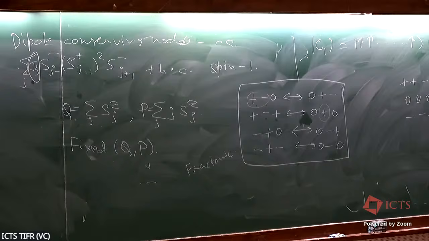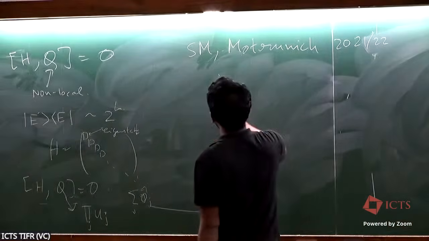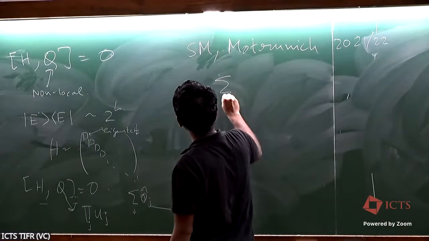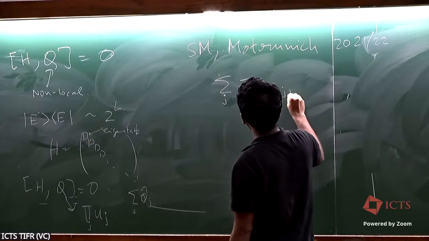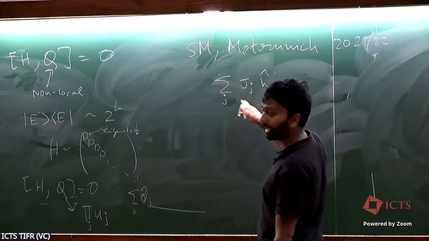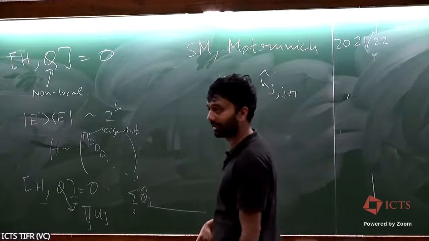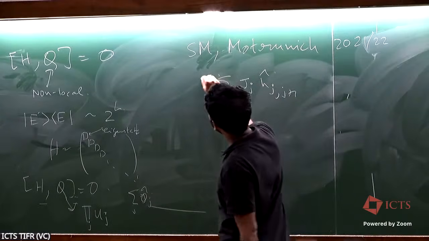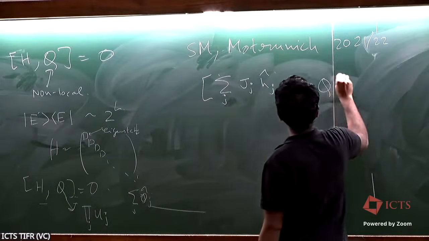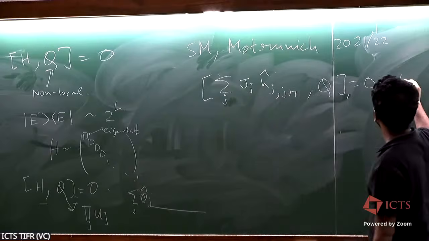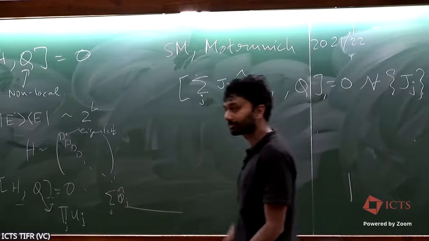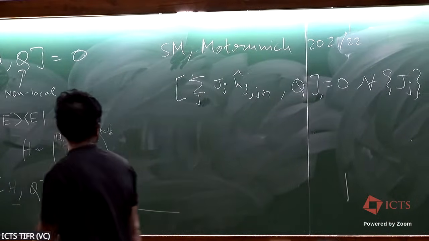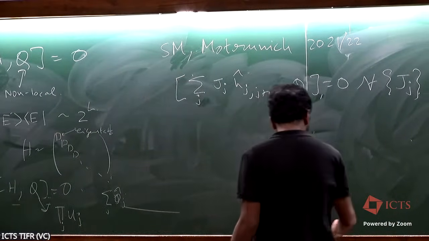So what we should probably be looking for are symmetries, not just of a particular Hamiltonian, but of entire families of Hamiltonians. Say I have a free parameter in my Hamiltonian, and I'm interested in operators which commute with this entire family of Hamiltonians for all values of these couplings. It turns out that this actually solves the problem.